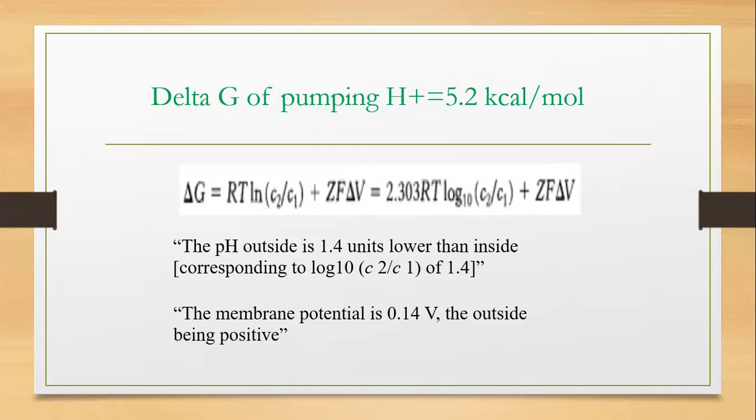pH is 1.4. 0.0592 times 1.4. Tama, this is kilocalorie. Tapos yung 0.14 volts. I'm expecting na pag minultiply ko yung 0.0592.